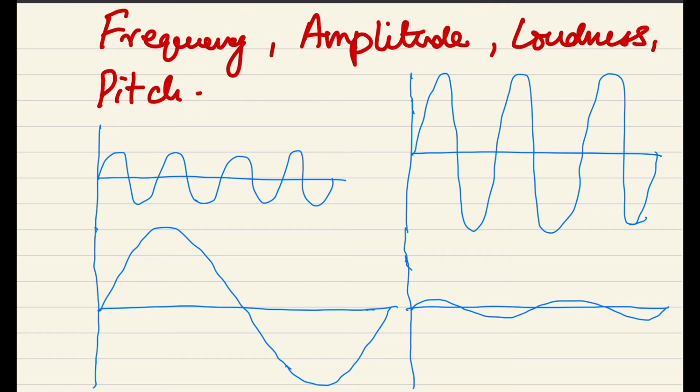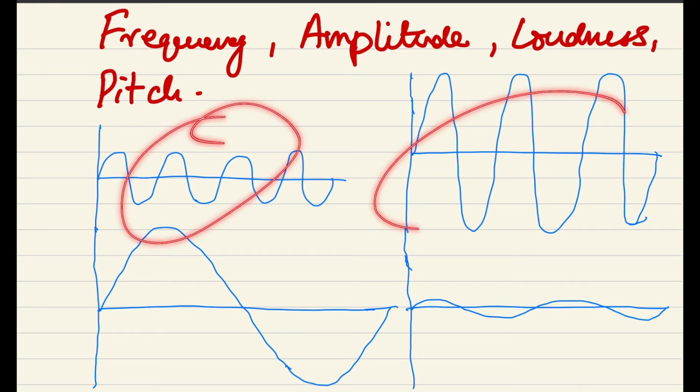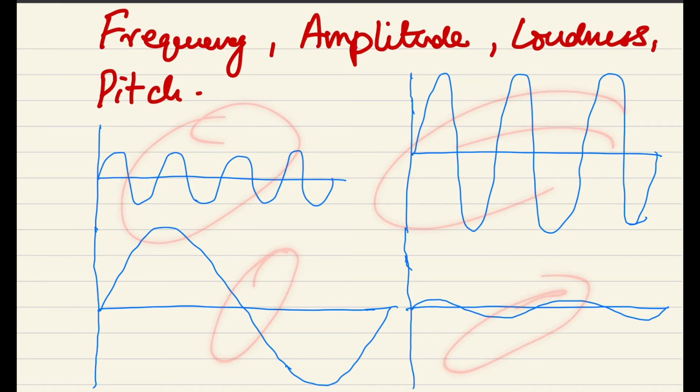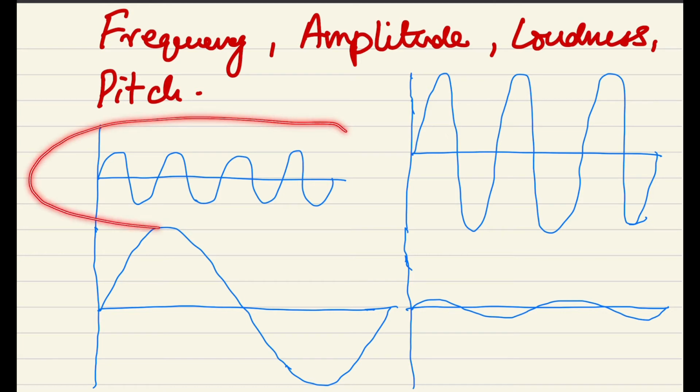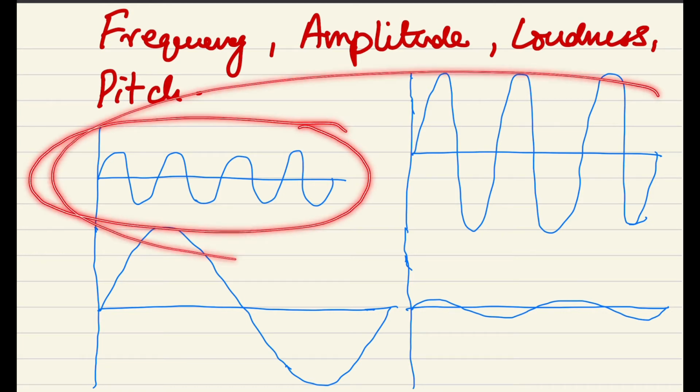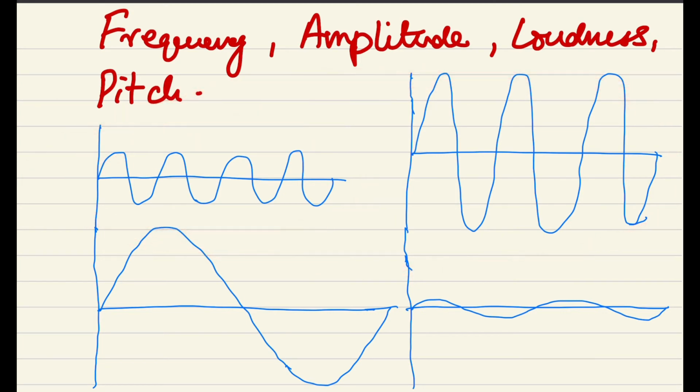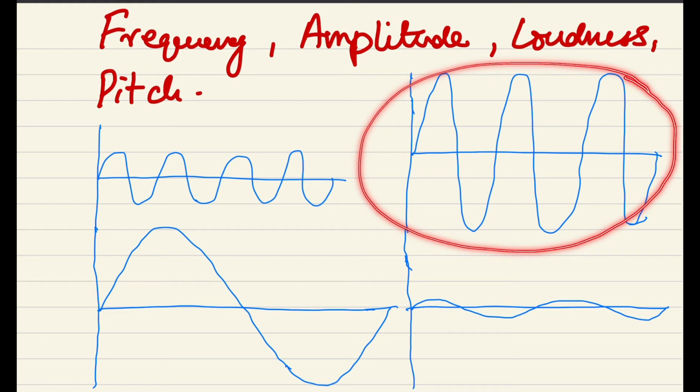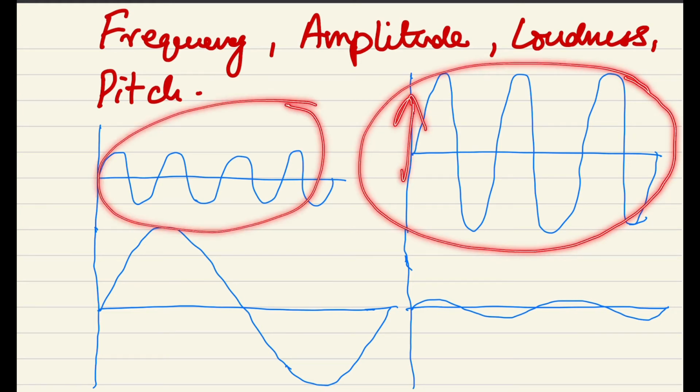Okay, so let's compare these cycles 1, 2, 3, and 4. Now look at this one. Let's compare these two cycles first of all. So this cycle has high amplitude, this cycle has low amplitude. I'll say that the frequencies are almost the same. So the loudness of this wave is more as compared to this one.